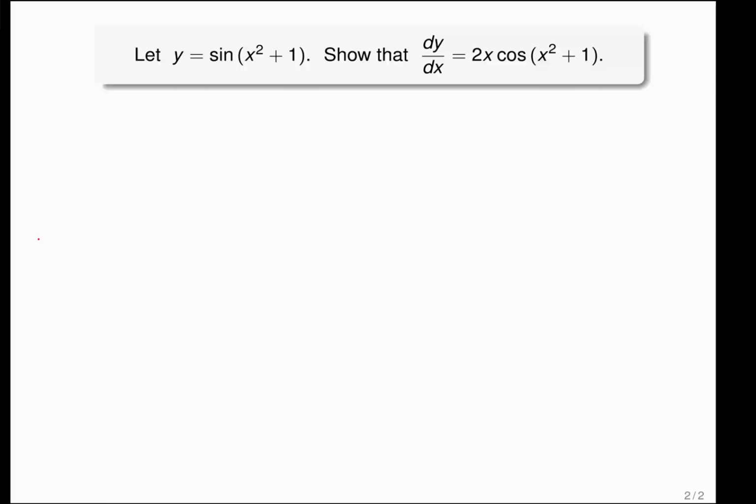Alright, to begin, the first thing to always do is to identify that the given function is indeed a composite function. That is, the composition of two functions.